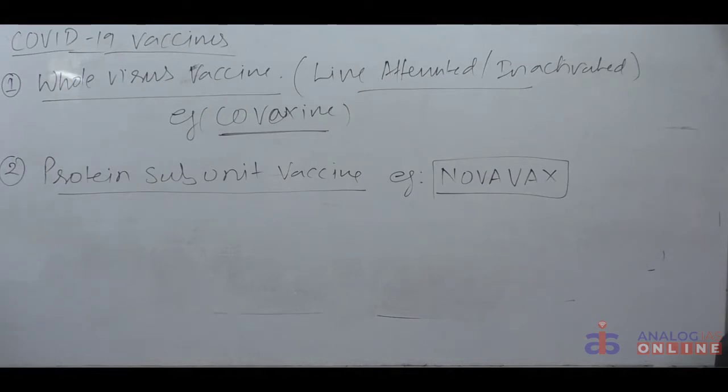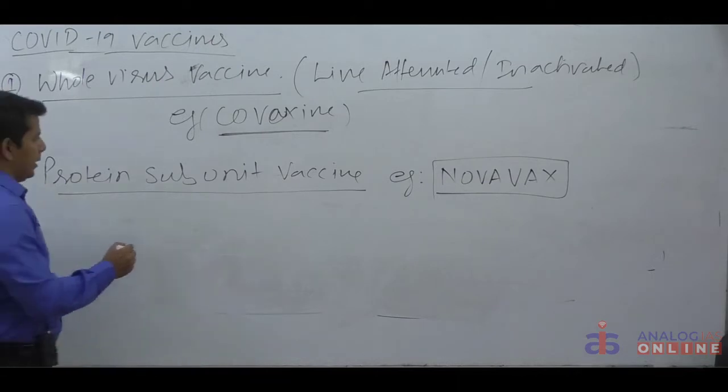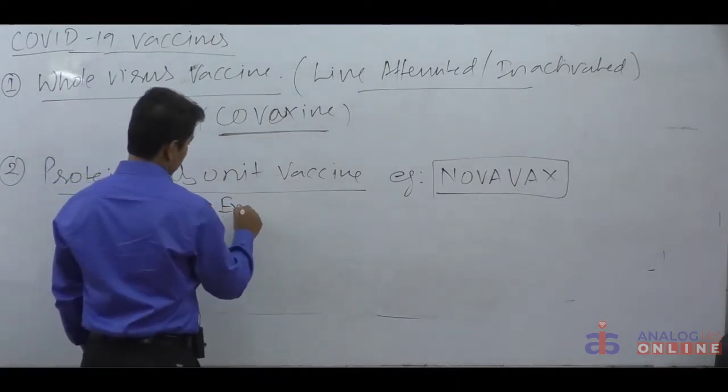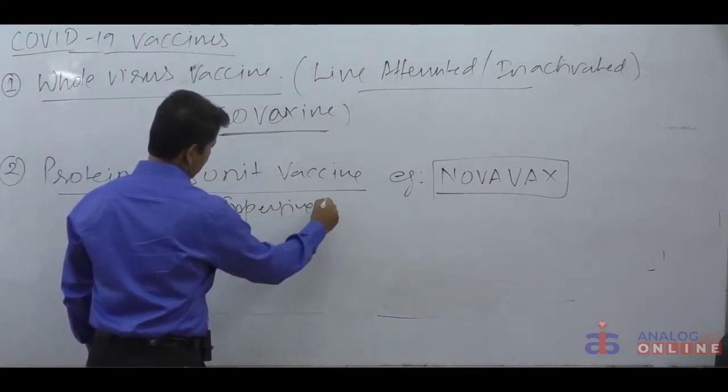But then it could not take off because it's too expensive. The expense of making this vaccine was very high. That is why it did not come into the news. So, an expensive method.